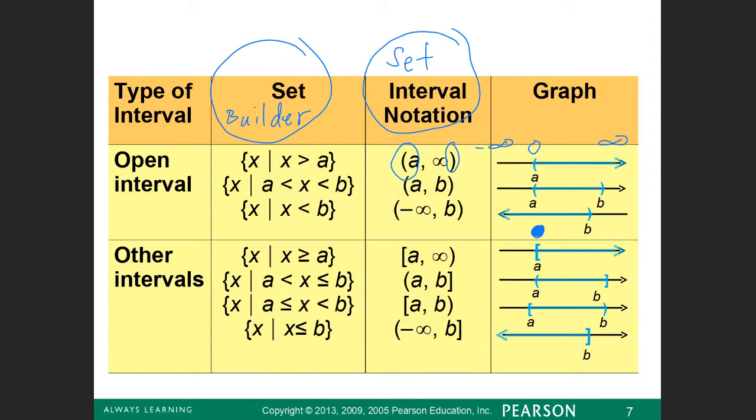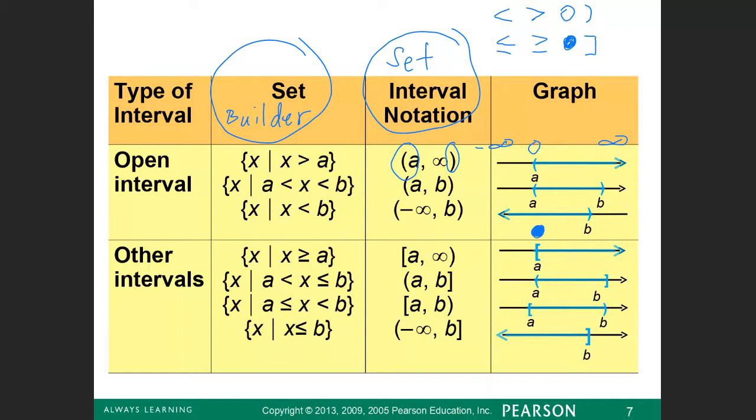So again, from the previous slide, we summarize the symbols less than and greater than. We use the open circle and then the parenthesis. For less than or equal to and greater than or equal to, we use the shaded circle or the square bracket.